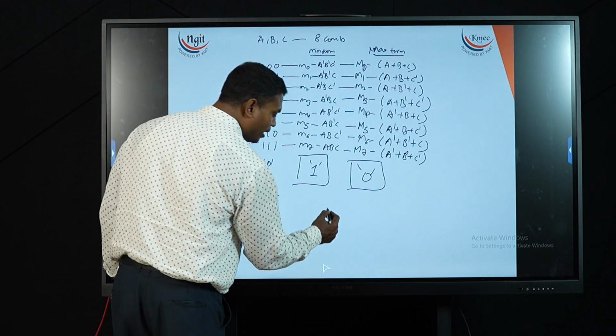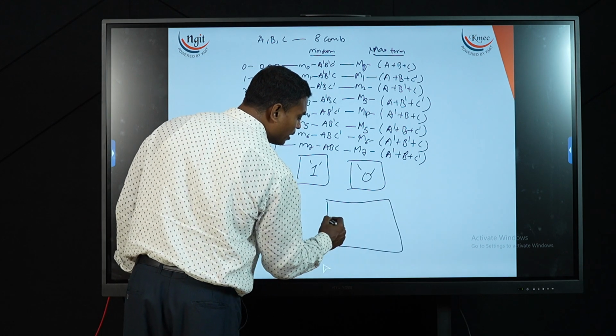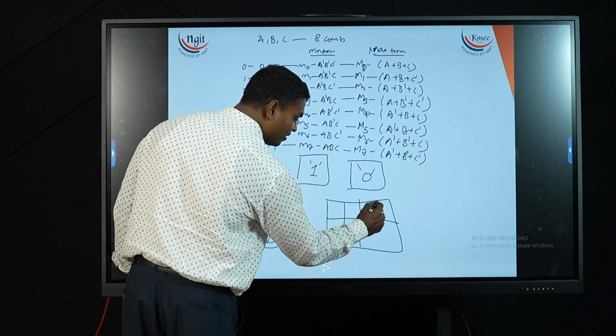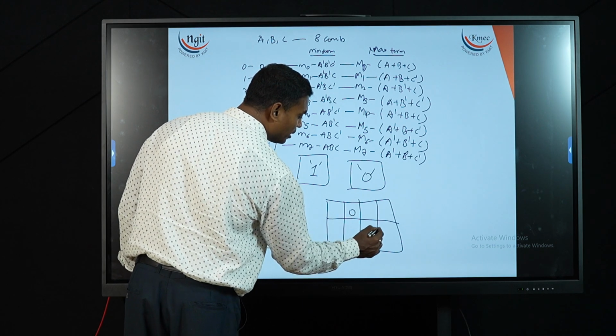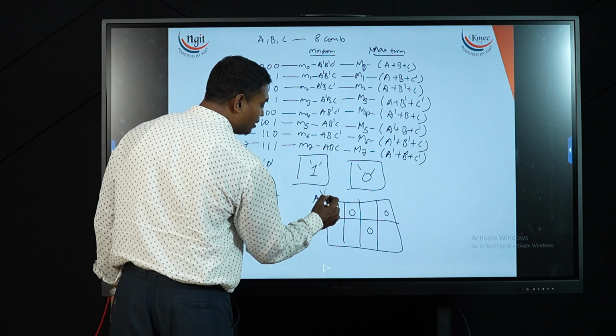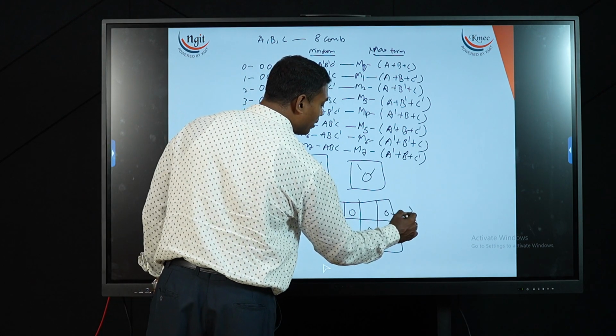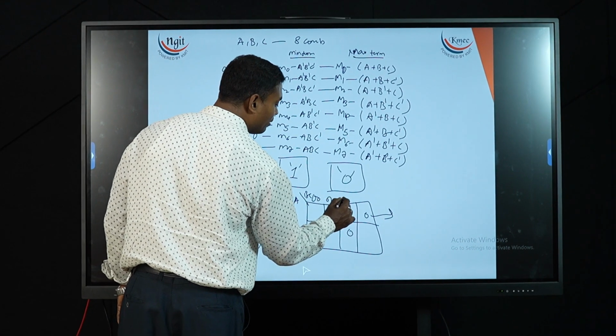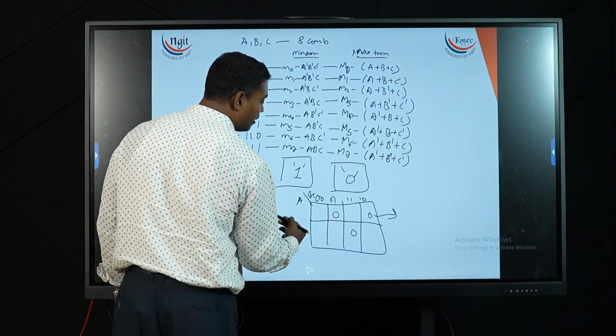Now if I am having a K-map with zeros representation, and I am having A and BC values, so this particular thing, that is 0, 0, 0, 1, 1, 1, 1, 0. So this thing can be represented.